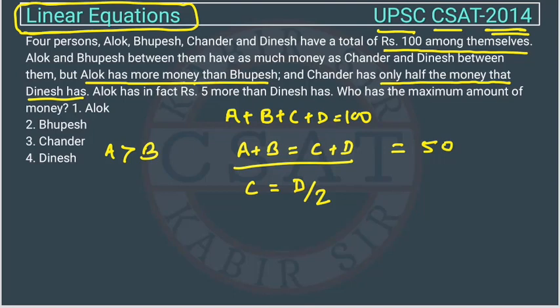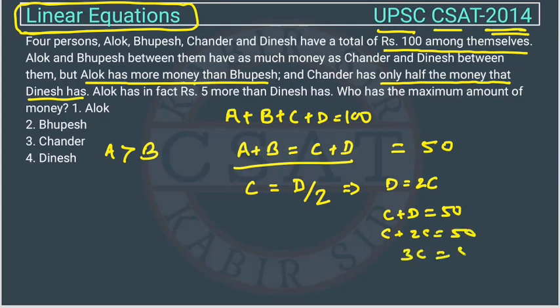If we put this in an equation, D is equal to 2C. We will put this in the equation C plus D. We know C plus D is equal to 50, so C plus 2C is equal to 50. So this will be 3C is equal to 50. So C will become 50 by 3.